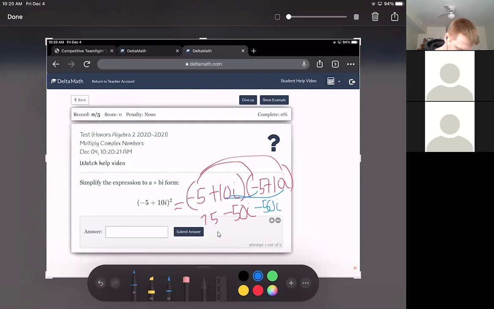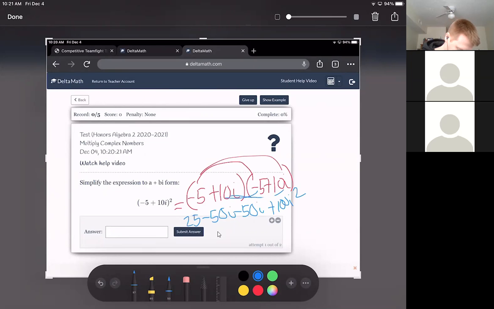And then 10i times 10i would be, let me rewrite this so I have enough space. So it would have been 25 minus 50i minus 50i, and then 10i times 10i would be plus 100i squared. Then you combine your like terms.